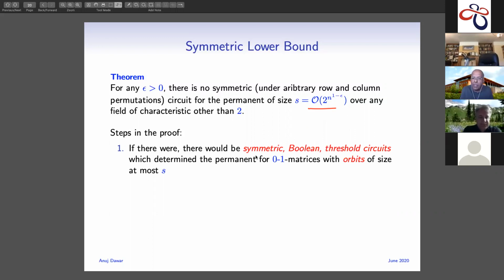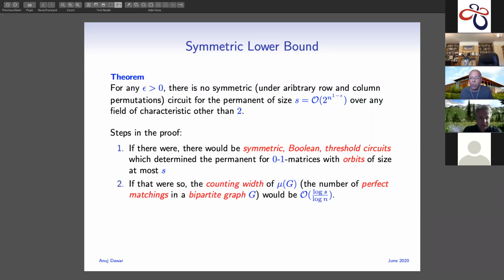The important thing is preserving the symmetry. We don't manage to preserve the size, but we are able to show that because we started off with size s, the size of the orbits in our circuits, by the orbits I mean under the action of these permutations, under the action of the symmetry group, the automorphisms of the circuit, we have size at most s.